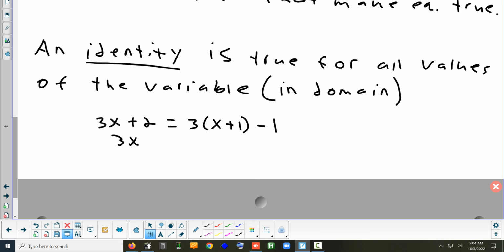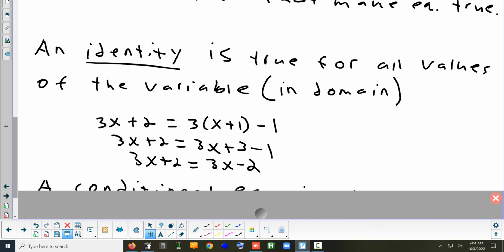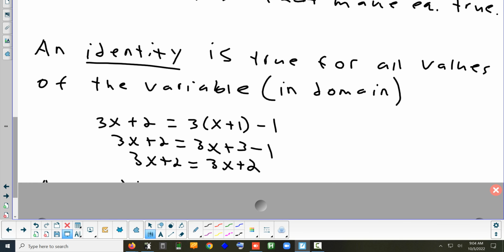So if we started to solve this one, you'd end up with 3x plus 3 minus 1. And then when you combine your like terms, 3 minus 1 gives you positive 2. And if you subtract 3x from each side, putting all your x's on one side, you end up with 2 equals 2.